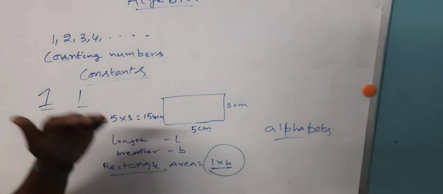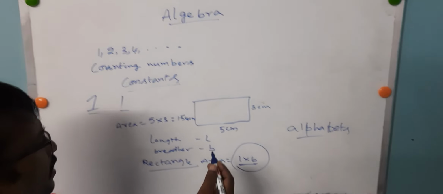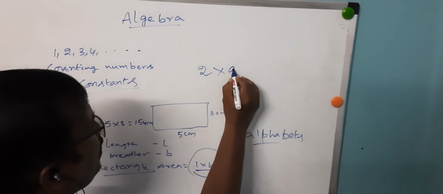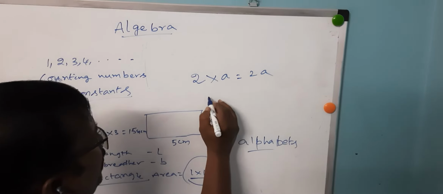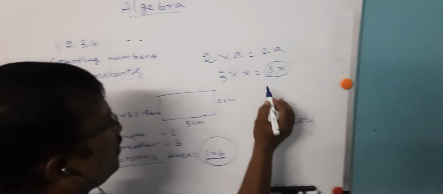So constants and variables. When we combine these constants and variables, we get 2a. When we combine constant and variable, 3 into x, 3x. These are the terms.